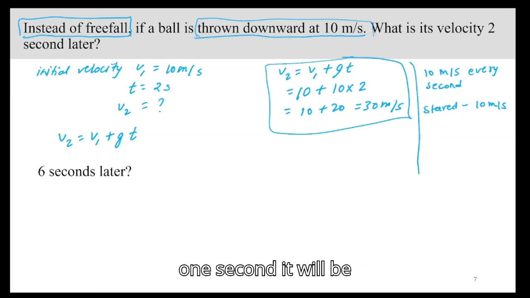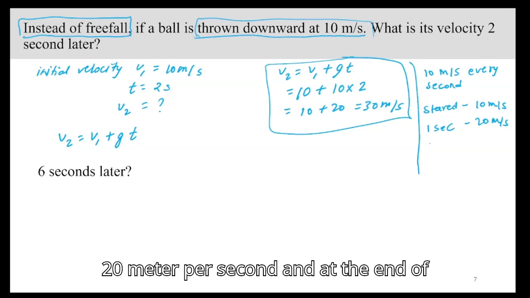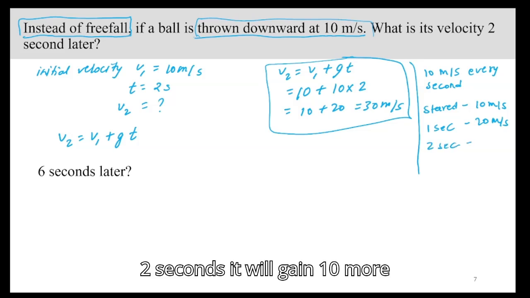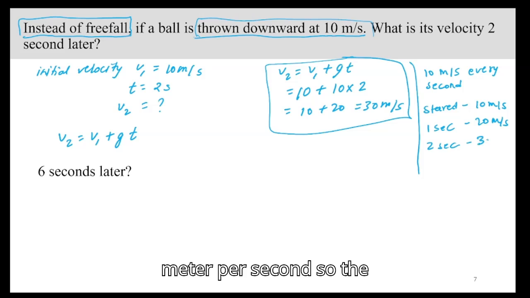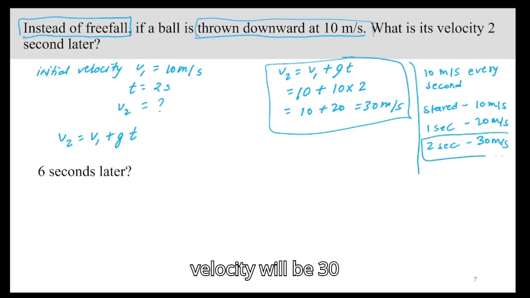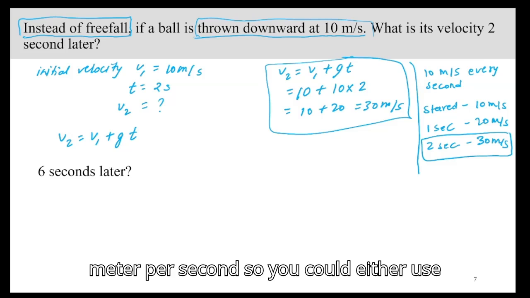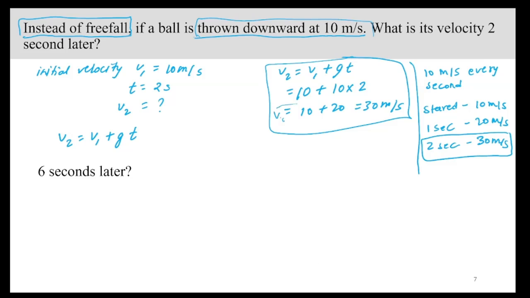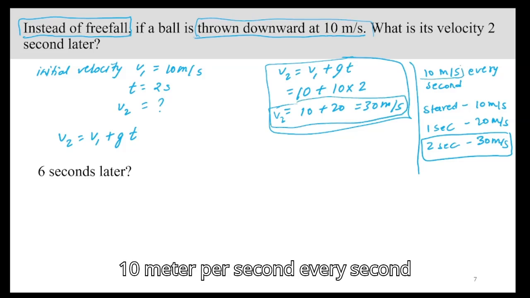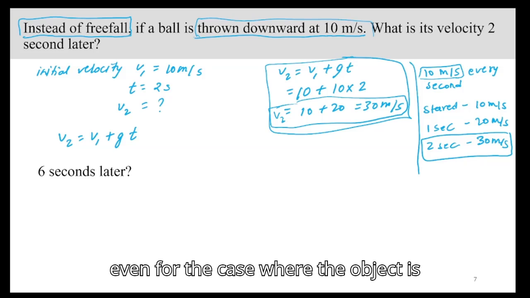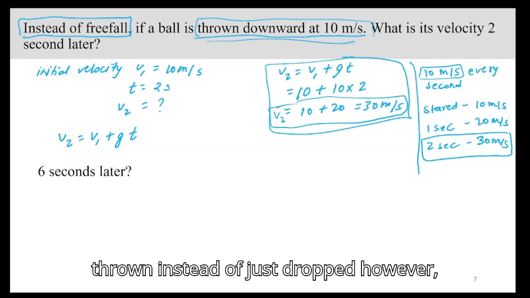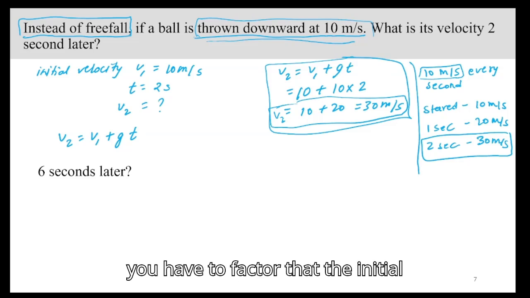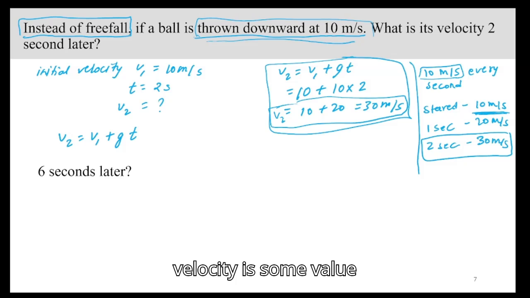At the end of 1 second it will be 20 meter per second, and at the end of 2 seconds it will gain 10 more meter per second, so the velocity will be 30 meter per second. So you could either use this formula or simply add 10 meter per second every second, even for the case where the object is thrown instead of just dropped. However, you have to factor that the initial velocity is some value instead of 0.